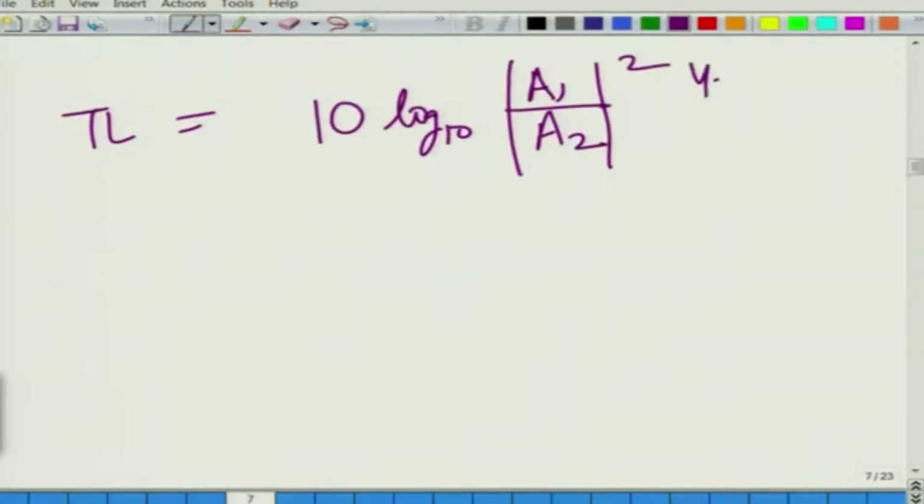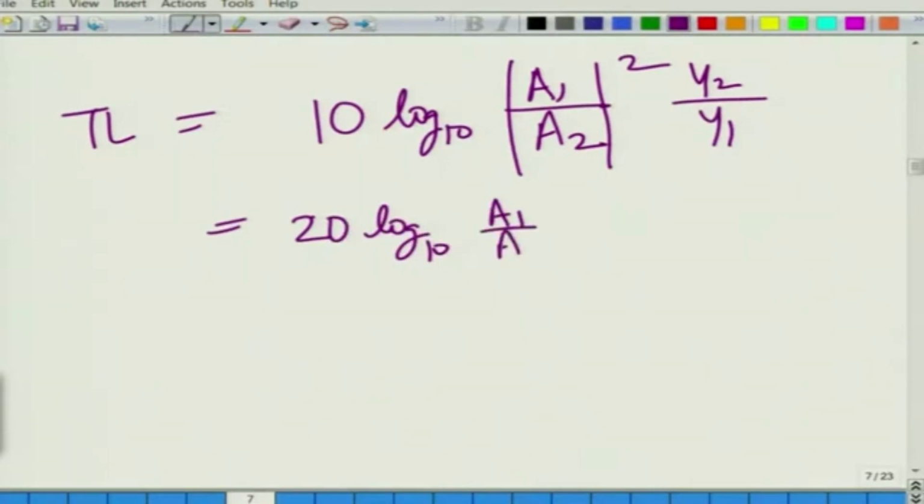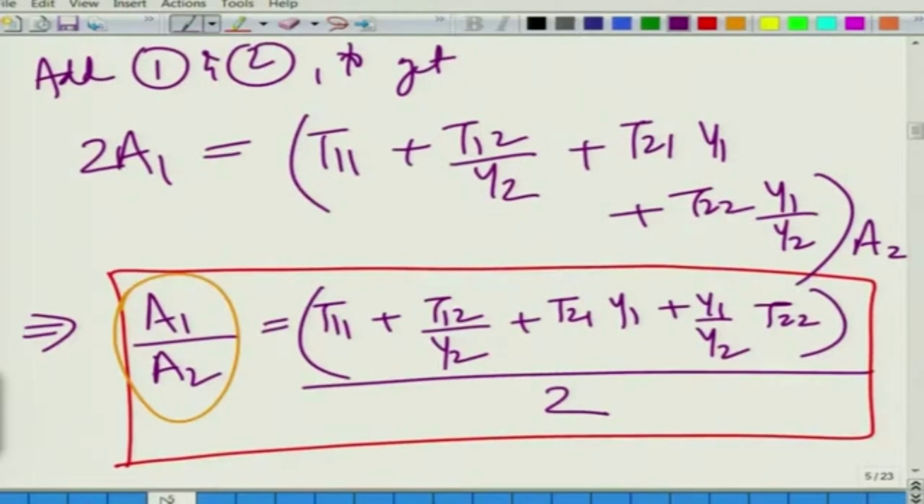So, y2 would go up, y1 would be here, and this would be 20 times log 10 and mod A1 by A2 and y1. Now, basically everything reduces to the substitution of, let us say, equation 3 in the above expression. So, what do we get then?